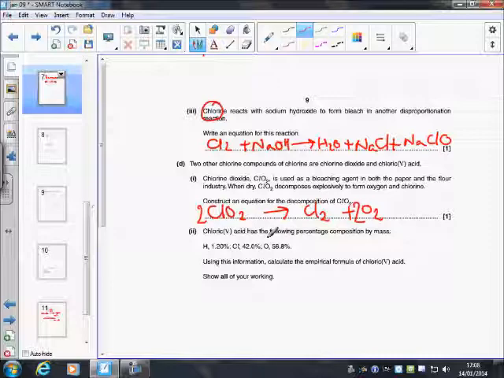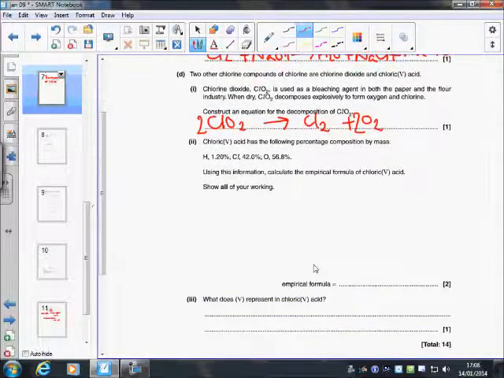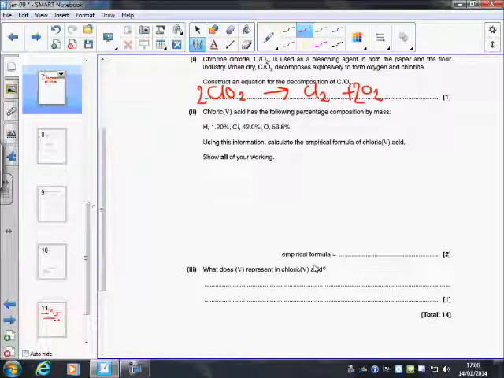So D, part 2. Chloric acid has the following percentage composition by mass. Using the information above, calculate the empirical formula of chloric acid. Show all your workings. You have to show everything in order to get the marks. So empirical formula is that simplest whole number ratio.